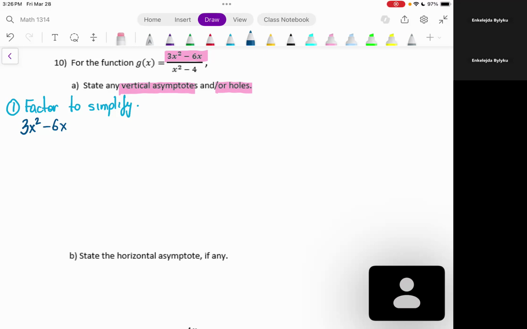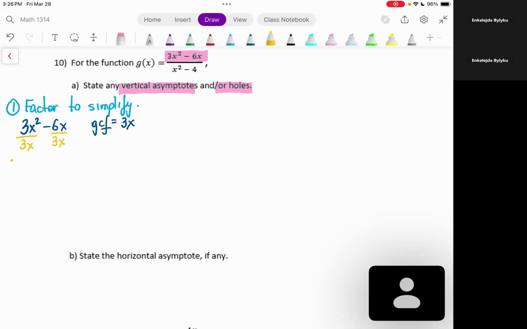This is a binomial, two terms, and when I look closely, I see that they do have a greatest common factor. The greatest common factor of the two terms is equal to 3x. So I'm going to follow the steps of factoring. I am going to factor out 3x, which means I'm going to divide each of these terms by 3x.